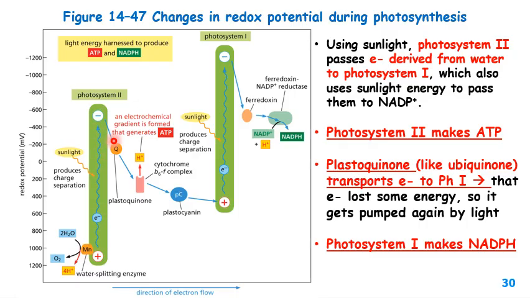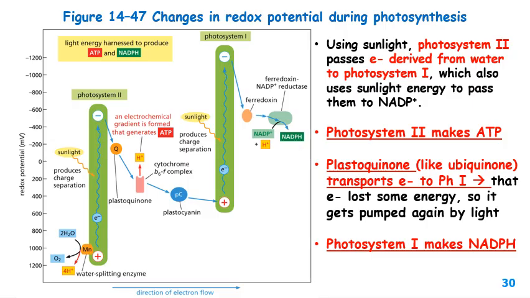It's not ubiquinone, but it's equivalent. Okay, plastoquinone. This guy here, plastoquinone, goes to B6 complex and creates proton gradient. Now, then it gets transferred to this other carrier, that's called plastocyanin, gets to photosystem 1. Photosystem 1 gets excited with light and pushes this to ferredoxin that finally transfers the electrons to make NADPH.